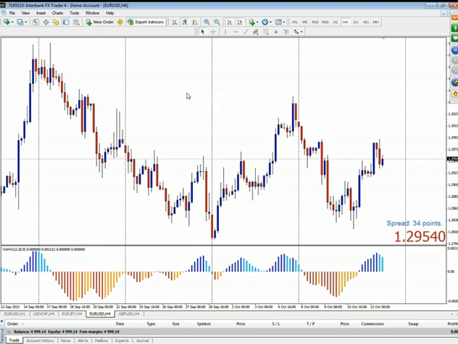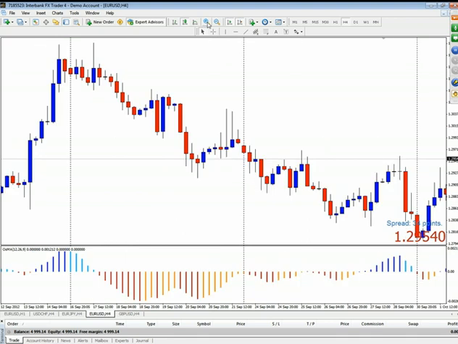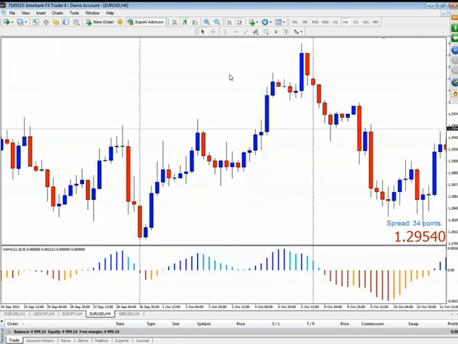Let me just... This is actually the size that I like to look at my charts. When you guys load the template onto your charts, this is the exact size you'll be looking at. If you spread it out and make it bigger, in my opinion, and it doesn't mean it's going to be the same for you, I find it harder to find and see the divergence.